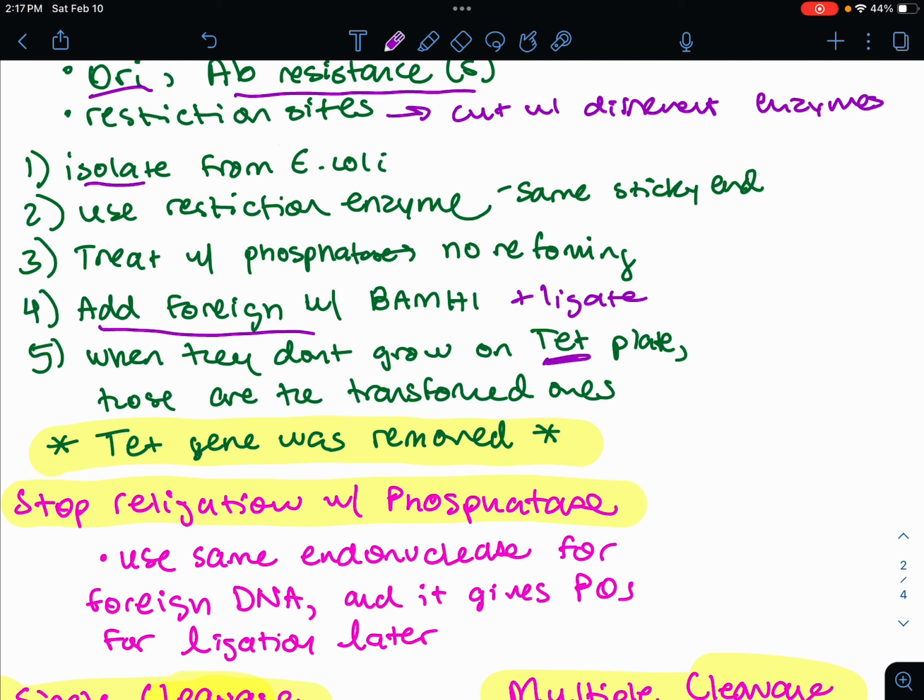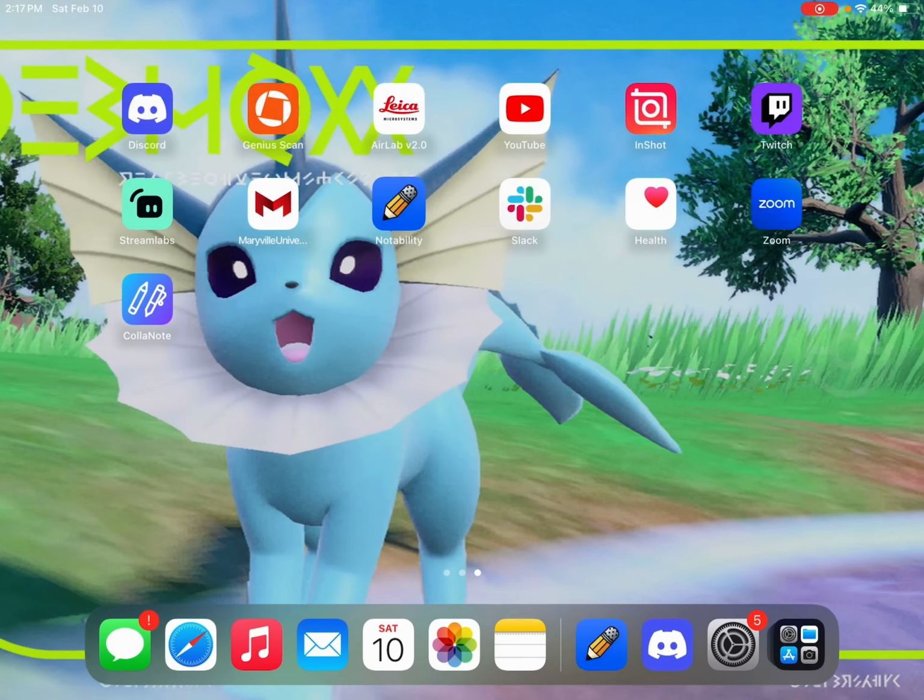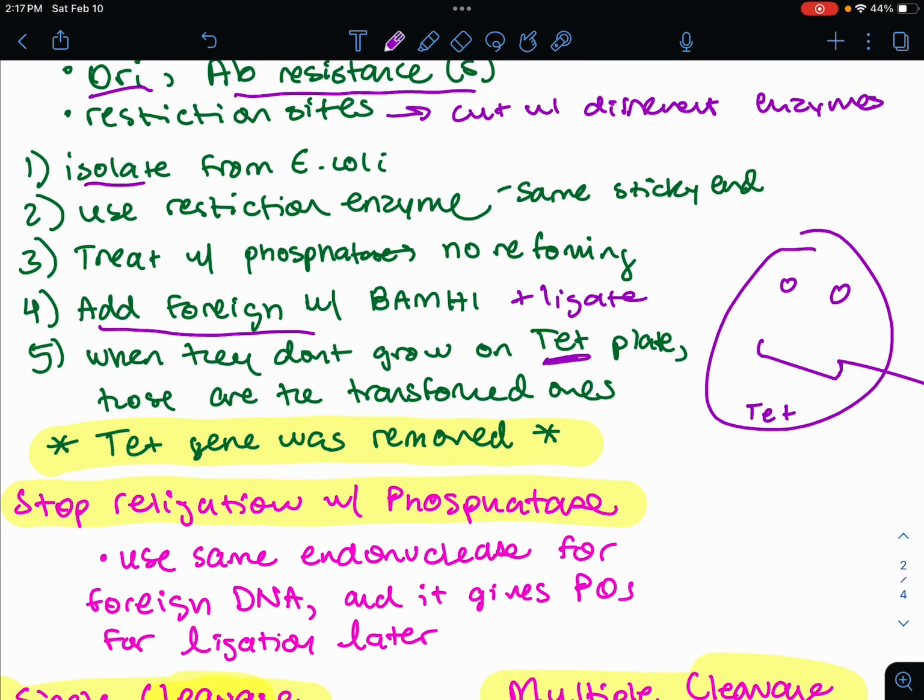So, if we have a plate that has this tetracycline on it, let's say we got 5 colonies originally, but one of them doesn't grow when it's placed on the TET plate. So that one right here, this missing one, would have our plasmid. Because when we cut into it, it disabled that region of the resistance gene in the plasmid.